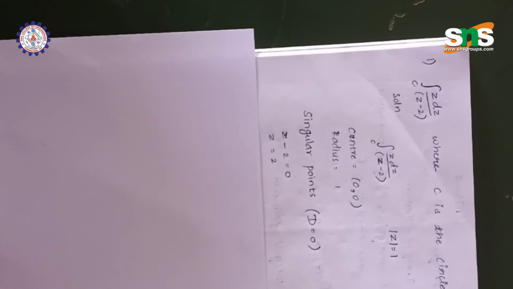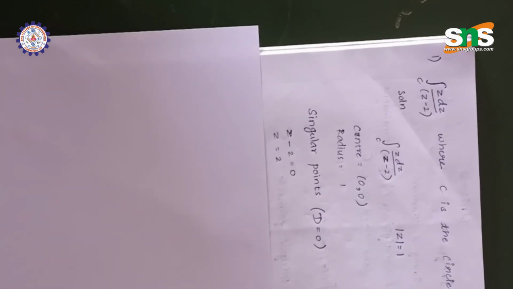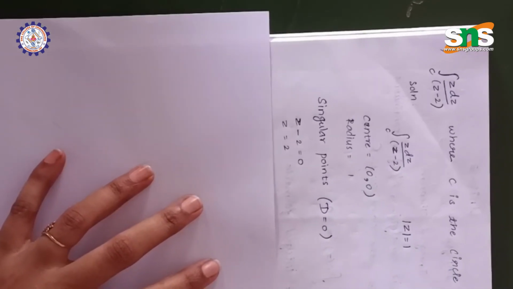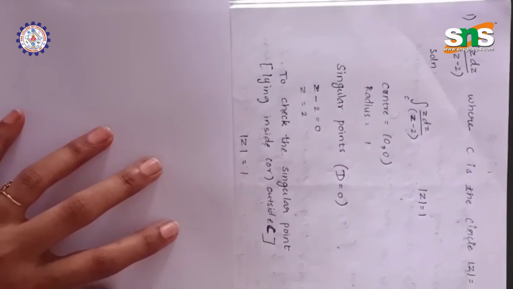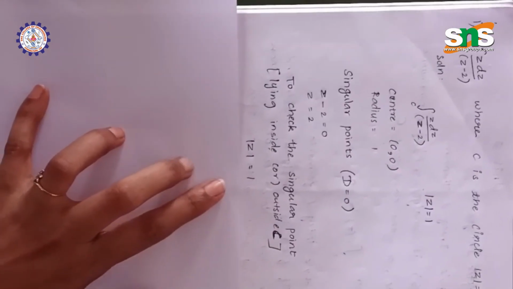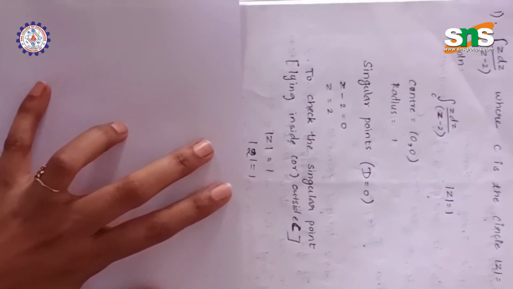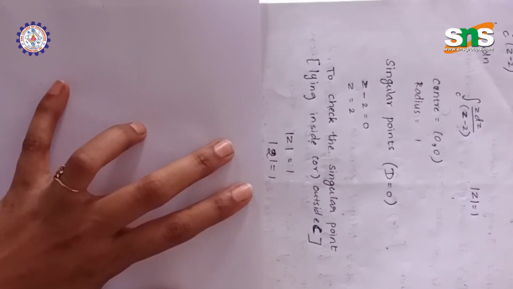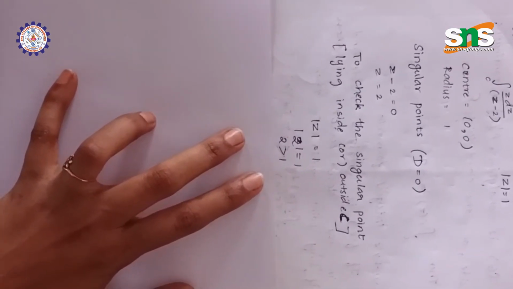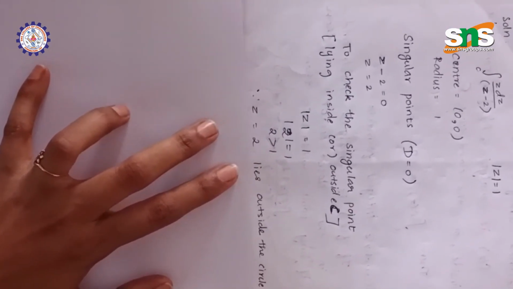Next we have to check whether the singular point lies inside or outside the circle. We know the region is mod z is equal to 1 and our singular point is 2. Clearly 2 is greater than 1.